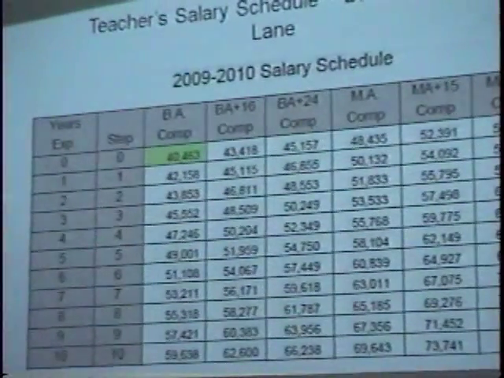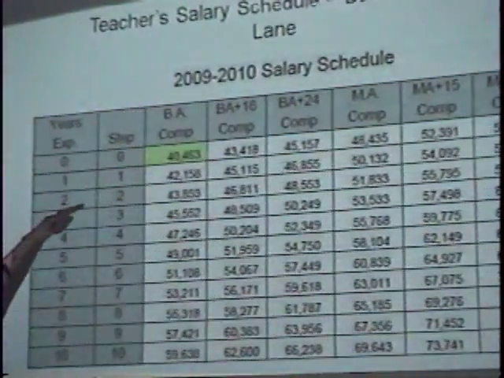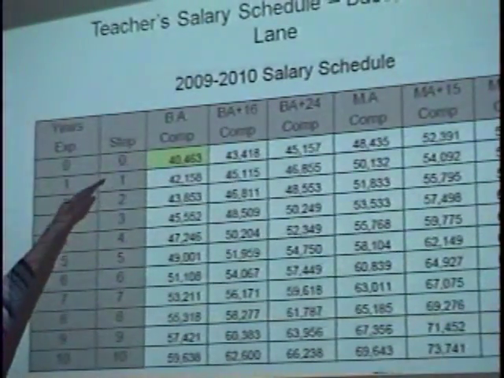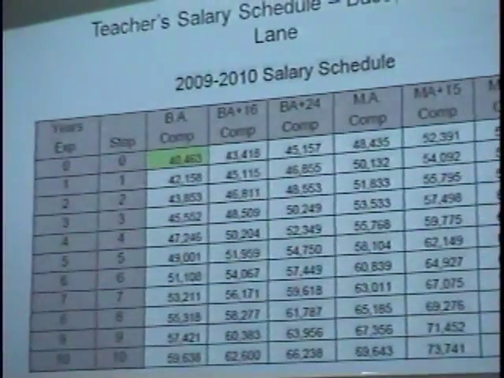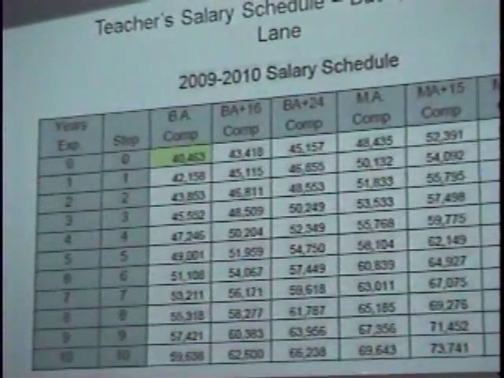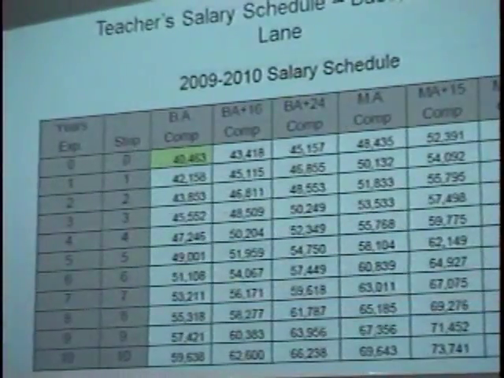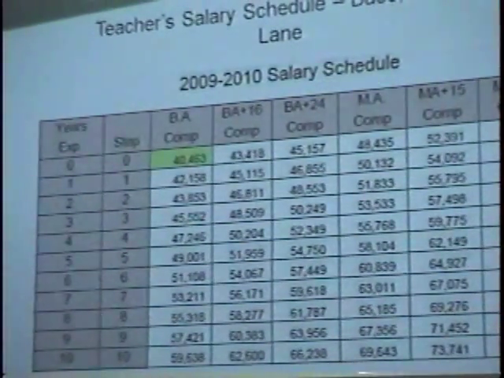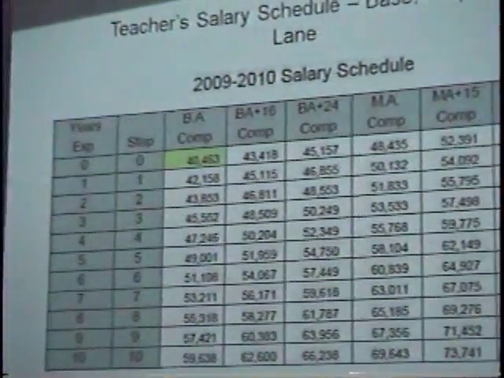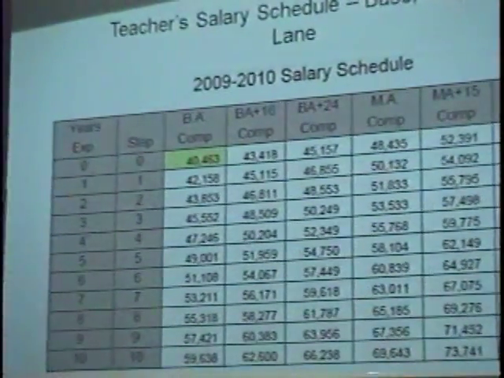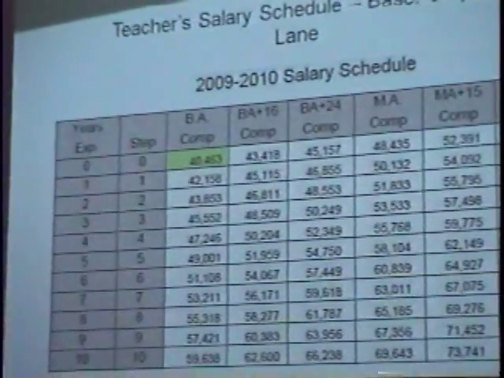So when she moves into the next year, after completing her first year, she will be moving down a column, okay? If she receives any additional education, she moves across the column to get her lane increase, okay? So base is from schedule to schedule, step is going down the schedule, and lane is going across the columns.